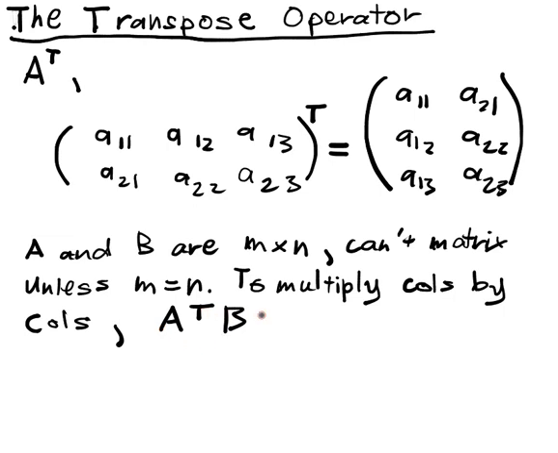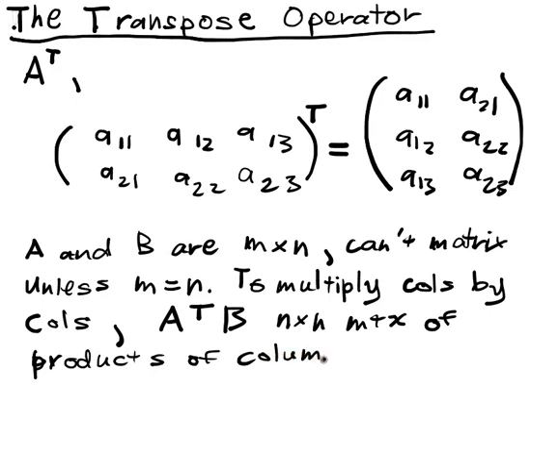It's going to be an n by n matrix of products of columns. And this quantity shows up a lot, and that's very useful. But for now, it's a little opaque.